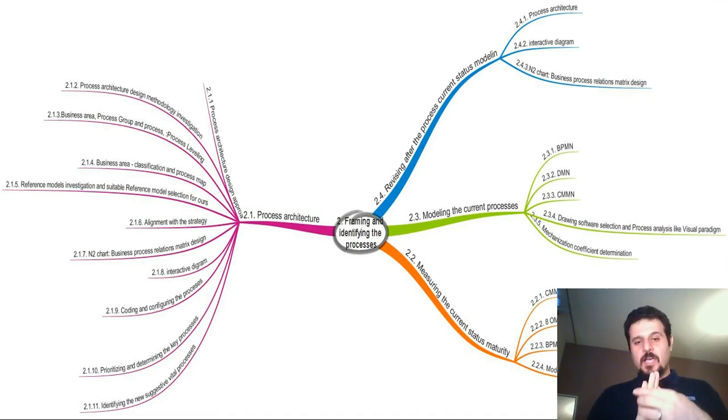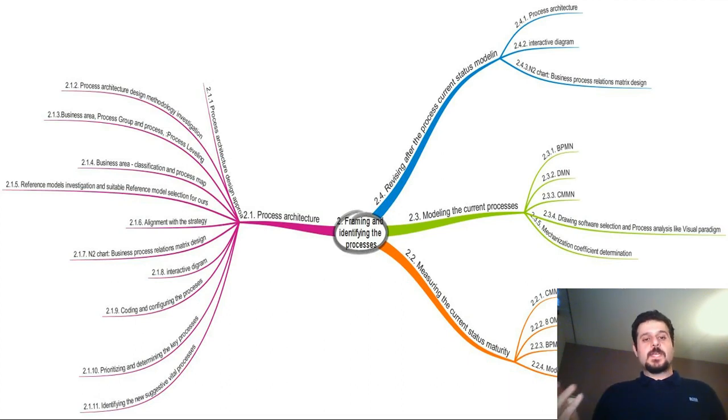You should align the processes with a strategy. Here we should align processes with a strategy. So we should create a matrix, and by scoring determine how much each process can support our strategic goals.